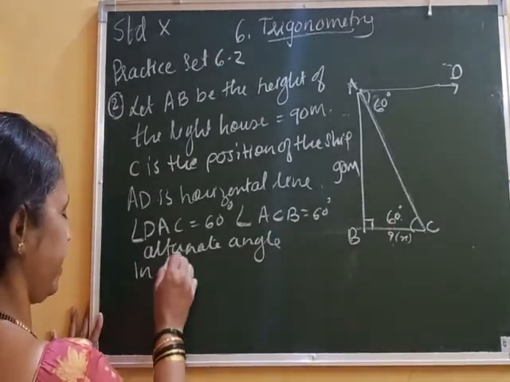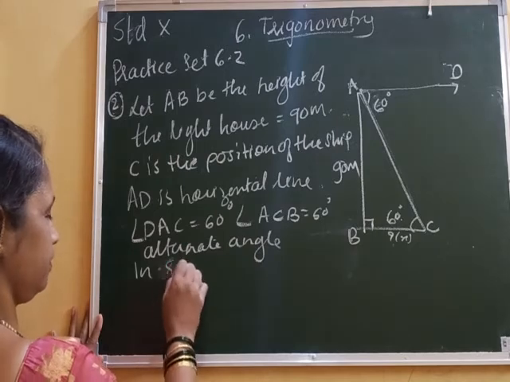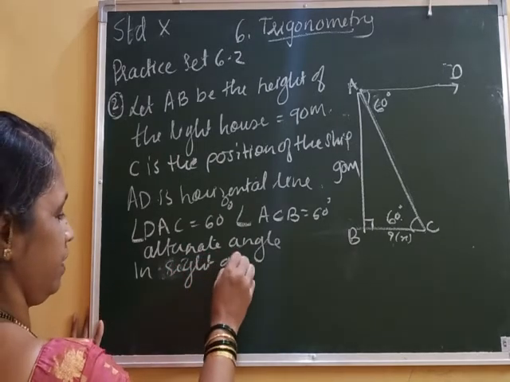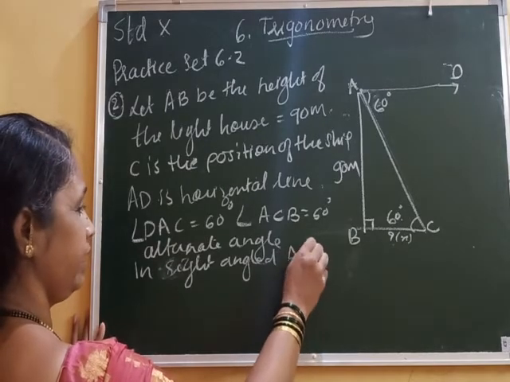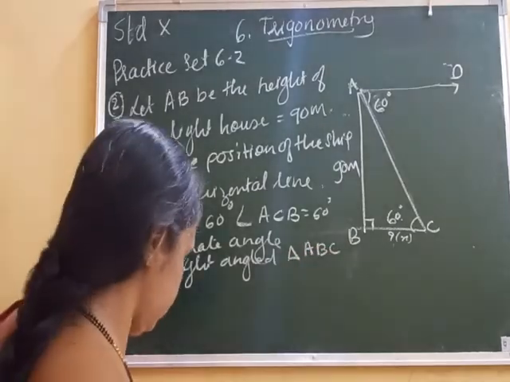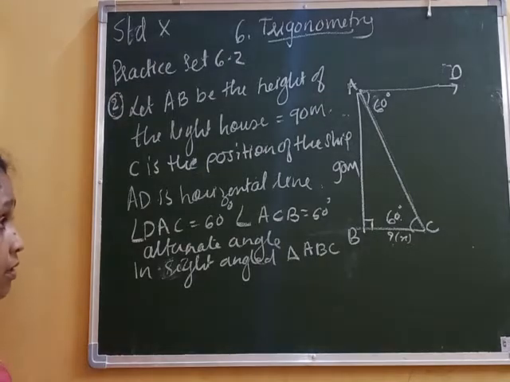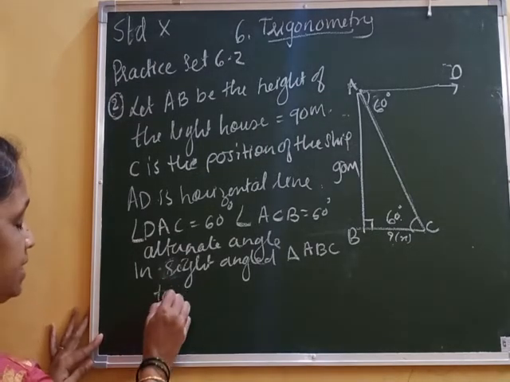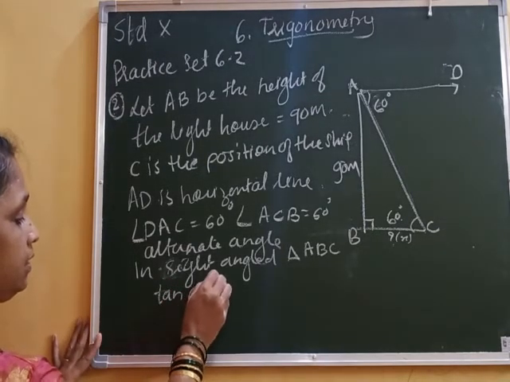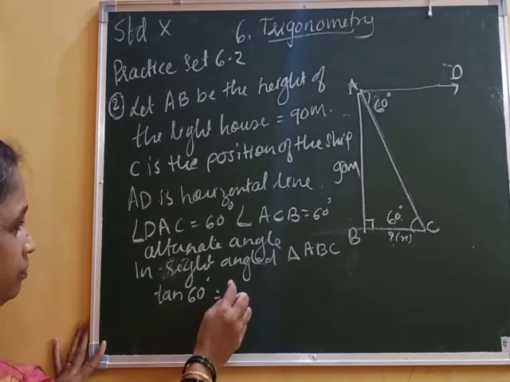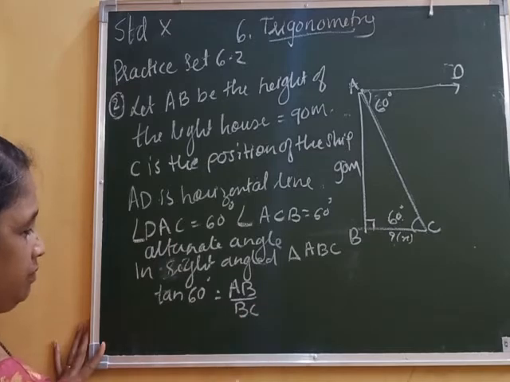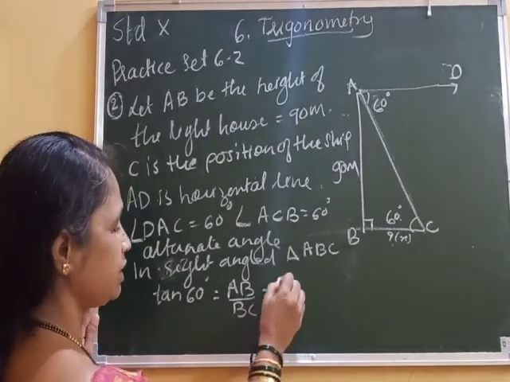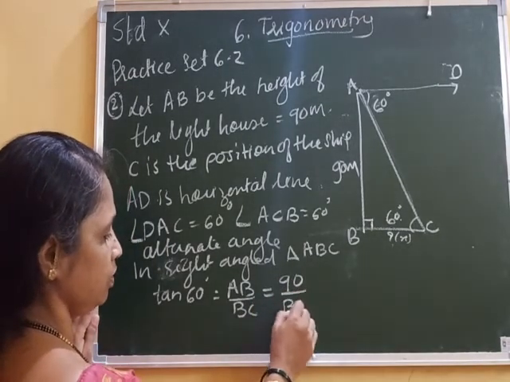In right angle triangle ABC. Okay. So here what is tan 60? Tan 60 is equal to what? Opposite AB upon BC. Okay. So tan 60 is equal to 90 upon BC.